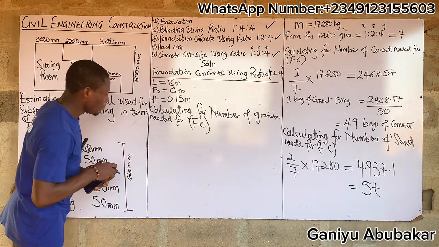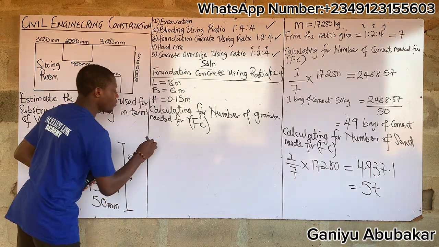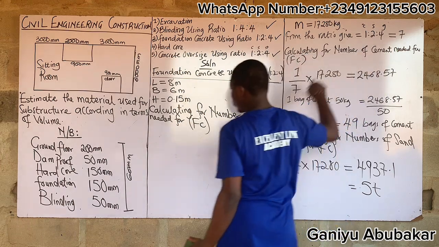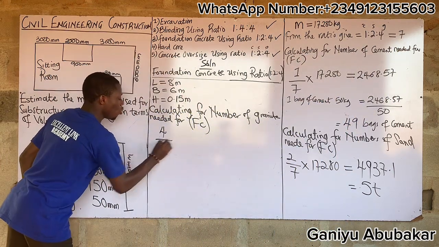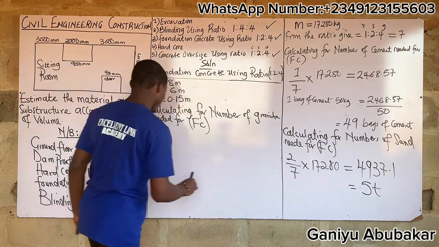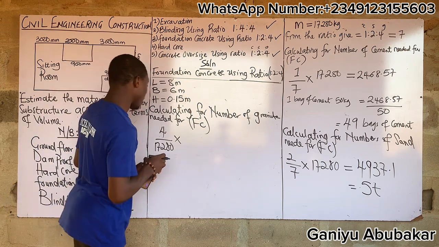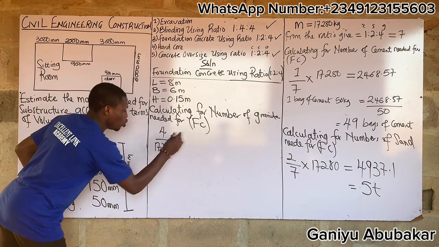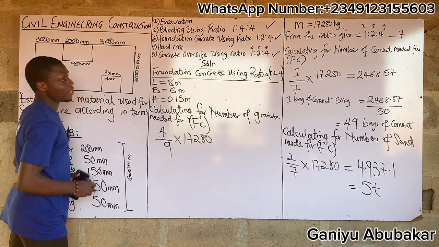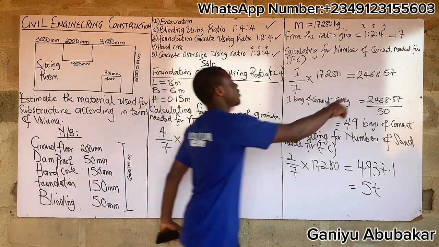Using the basic concept, this is my granite here, that's 4. So I'll have 4 all over the total of the ratio, which is 7 here, times my mass, which is of course 17280.